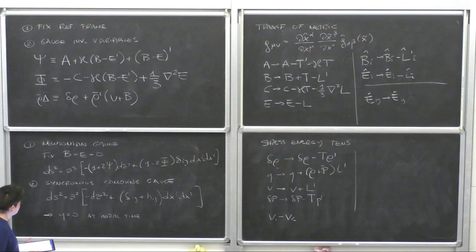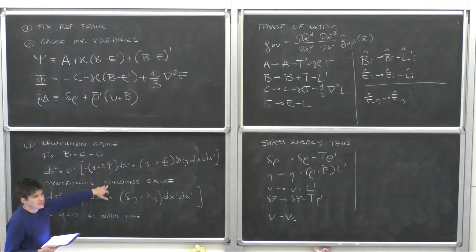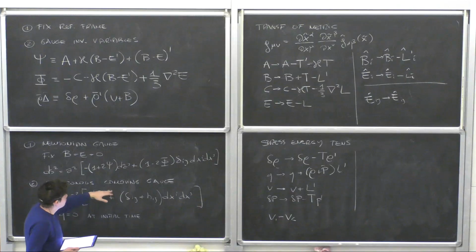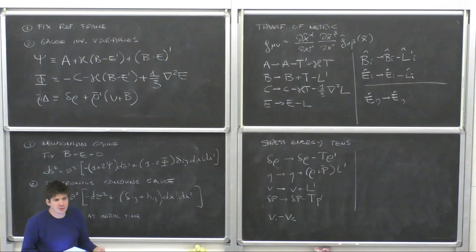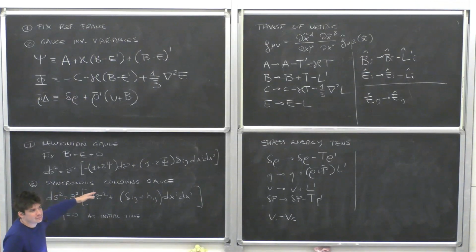Now typically the component that you decide to be comoving with is called dark matter, because that's typically easier when you do the calculations.